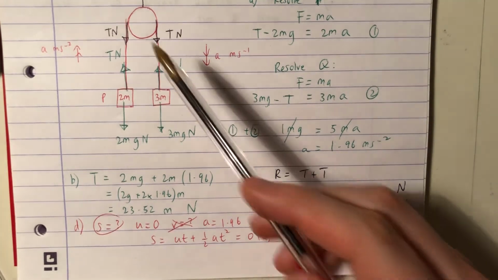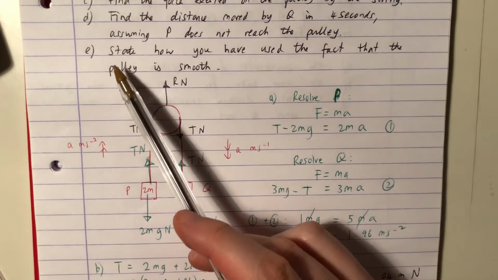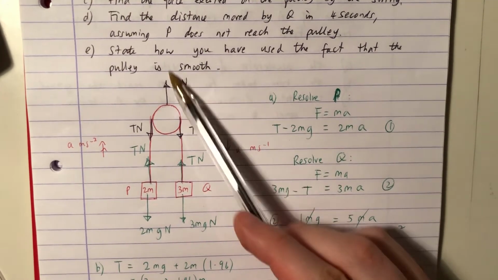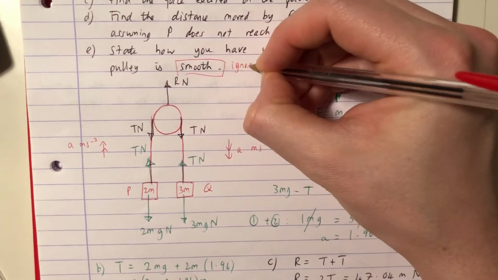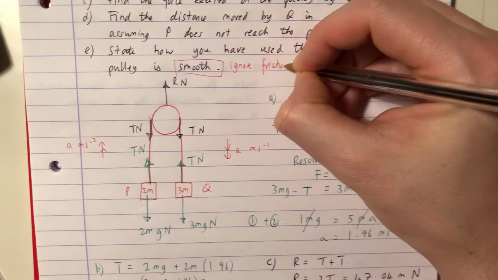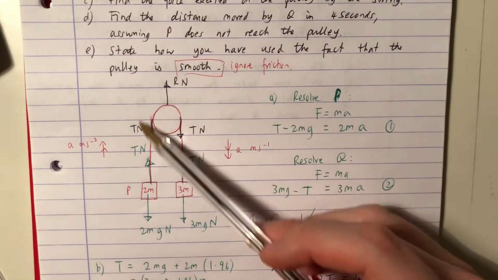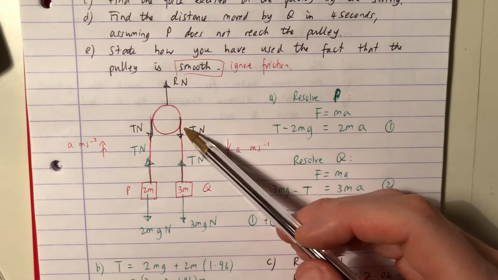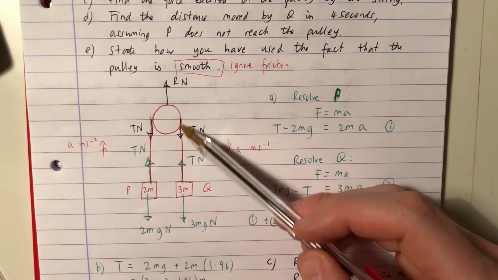Okay, part E, one marker left. State how you've used the fact the pulley is smooth. So this modelling assumption is ignore friction. And if you think about it, that means on the pulley there where the string is attached, no friction is considered, so these tensions would be the same.